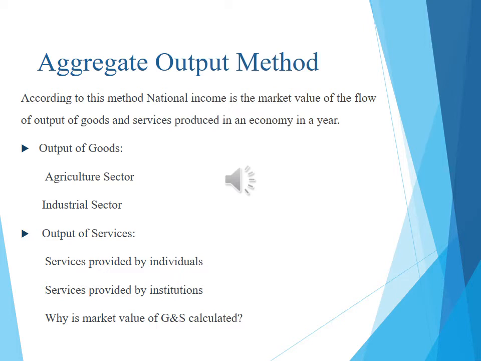So in this way, all the output of goods and all the output of services produced in 1 year are included in the national income.